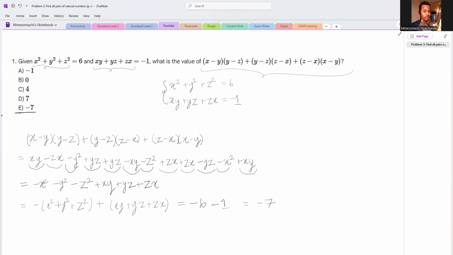Not only will this waste your time in the exam hall, but there are infinitely many solutions, so it's not properly defined. So when you see a question like this, you want to play around with the expressions and see if you can do some algebraic manipulation to get the answer.